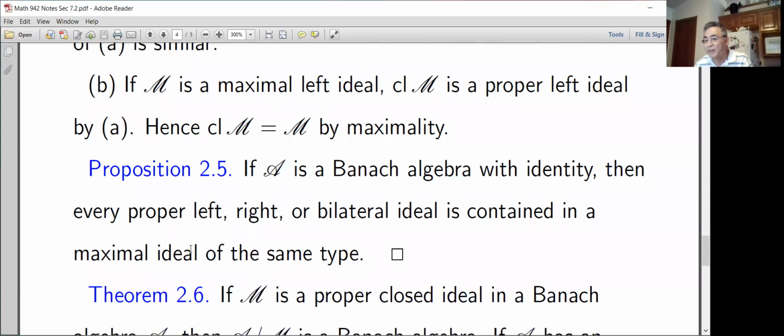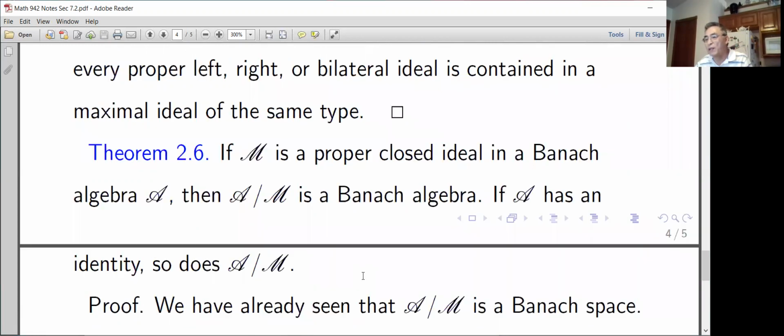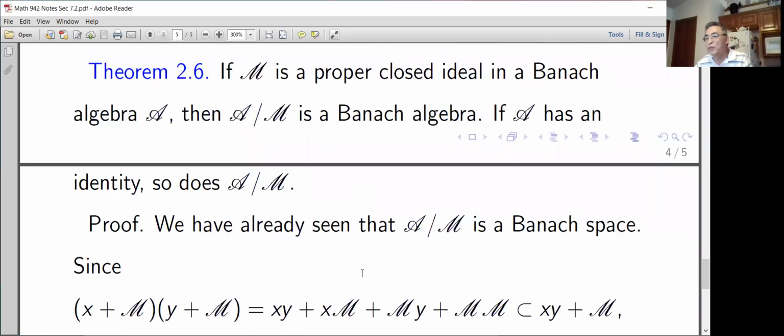Theorem 2.6. If M is a proper closed ideal in the Banach algebra A, then A over M is a Banach algebra. If A has an identity, so does A over M. Proof, okay.